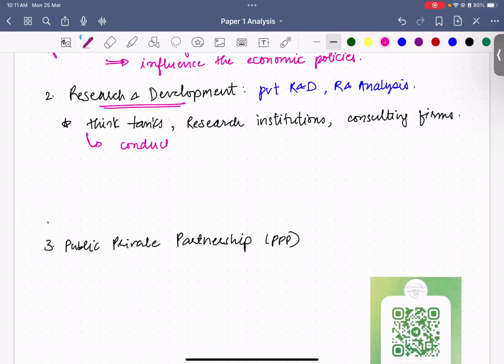So how does it influence then? Okay, since there is the private involved, the implementation, how it is done in the private sector, that thing would be mirrored here. Okay, for that certain policies would be made. Okay, hence is the influence.